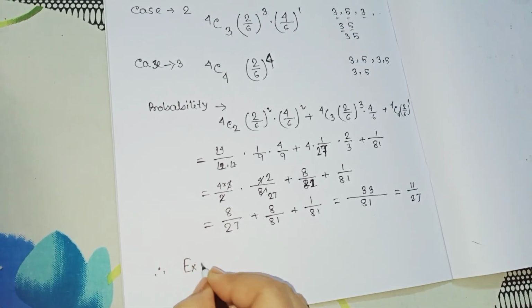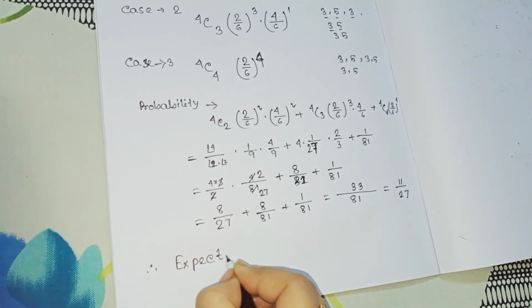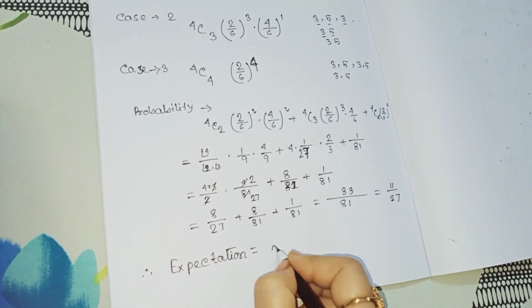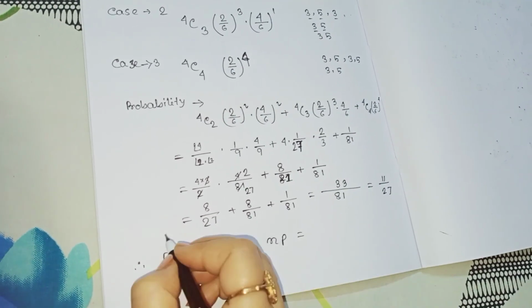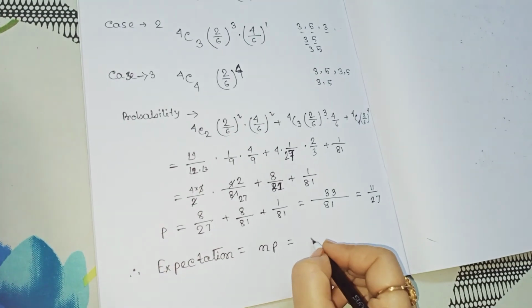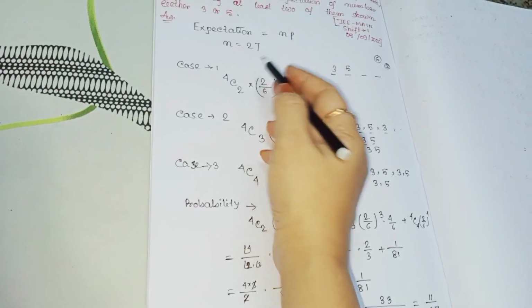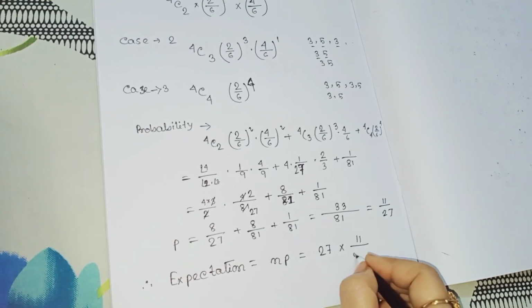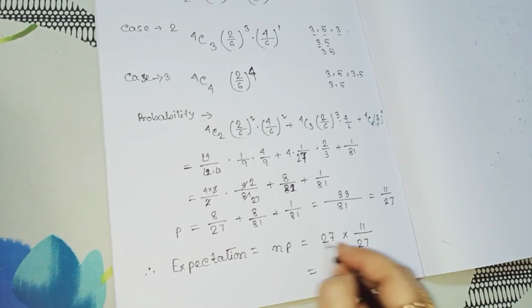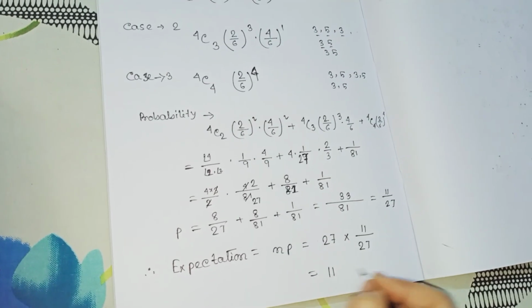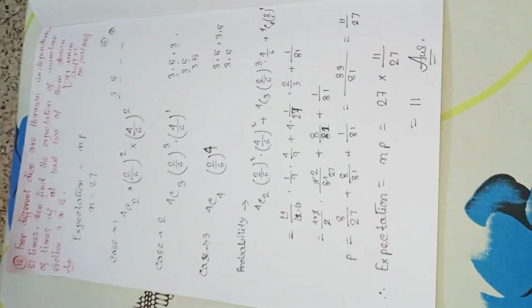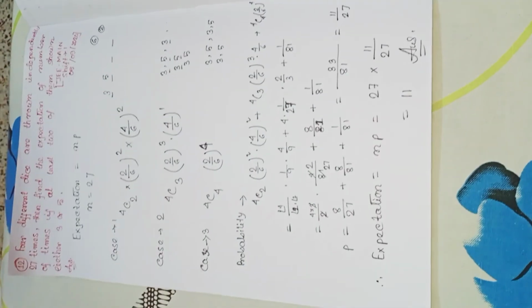So expectation is equal to n into p, with n equal to 27 times and p equal to 11 by 27. So 27 and 27 cancel off, and the expectation is equal to 11. So we reached our required answer. A lot of calculations here, otherwise the question is of moderate type.